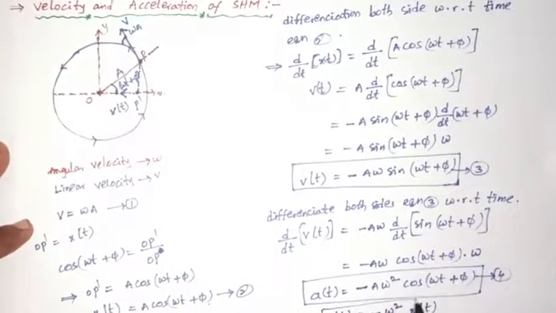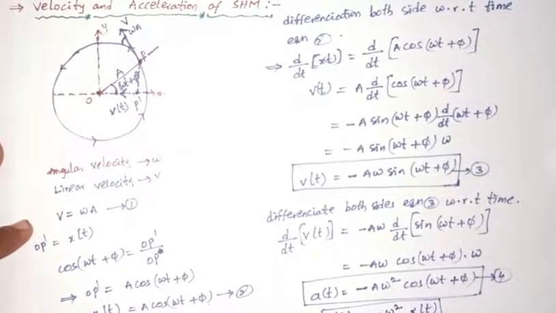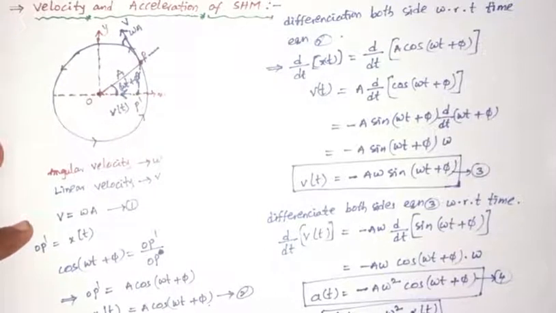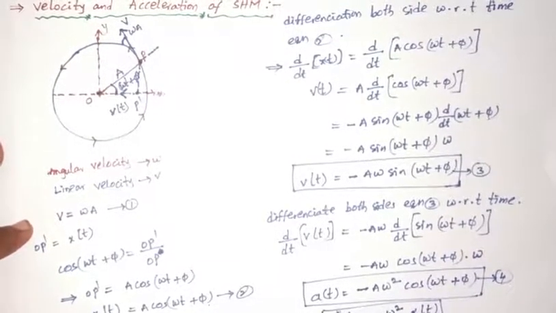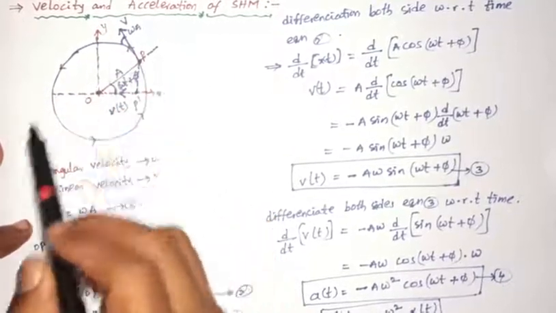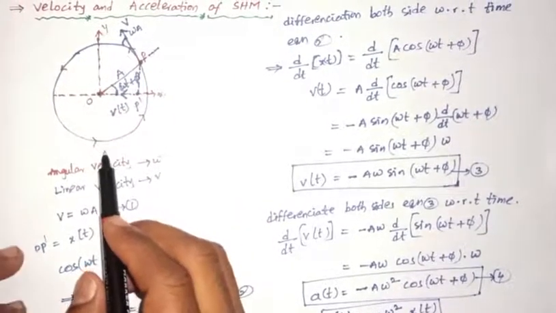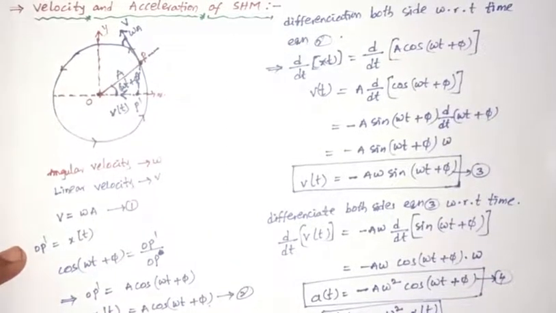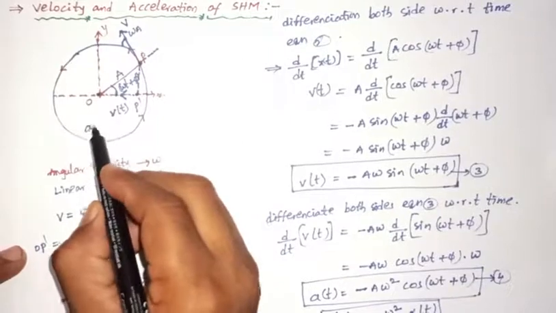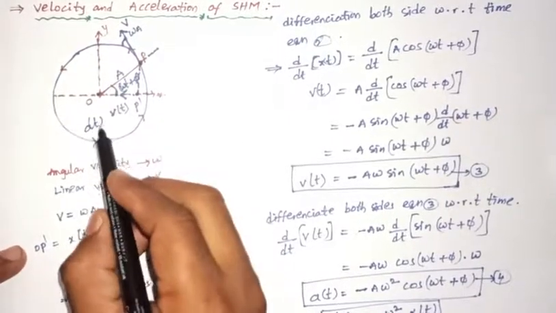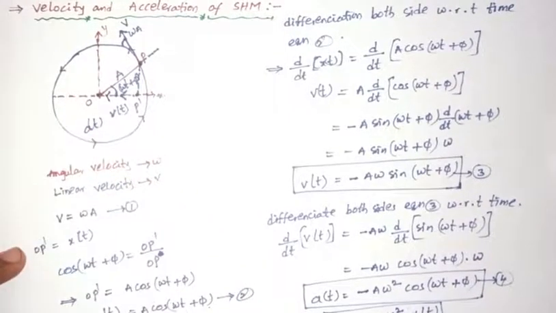So this is the acceleration: a of t equals minus omega square into x of t. This is the acceleration equation of simple harmonic motion. So what is the acceleration direction? The acceleration direction is also opposite, so the acceleration of the particle is also towards the center.